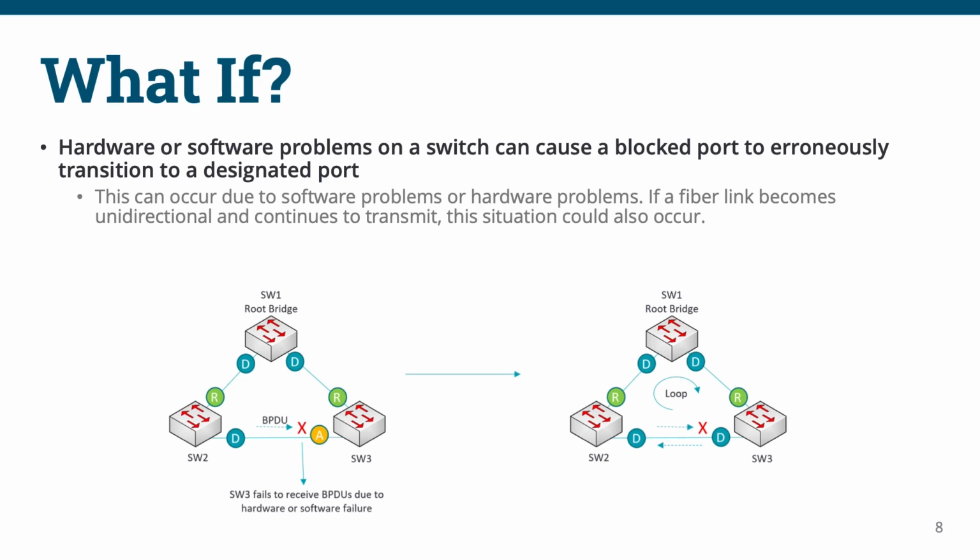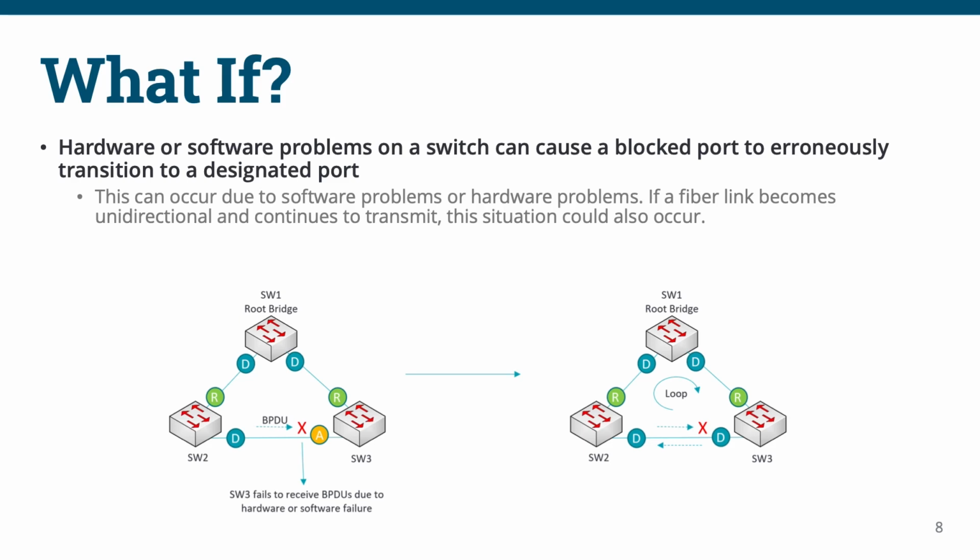Ceasing to receive BPDUs entirely while the link remains up means that switch 2 has either had a software failure causing the RSTP or STP process to misbehave, or the link has become unidirectional. Both situations are bad, and should not result in the port on switch 3 transitioning to a forwarding state.